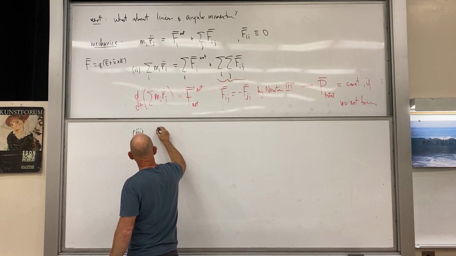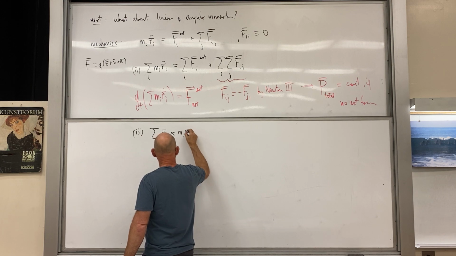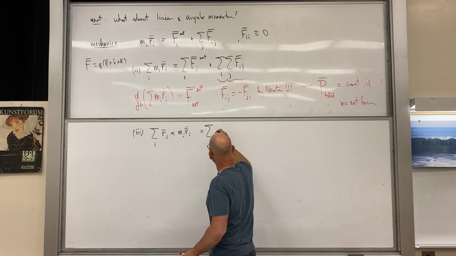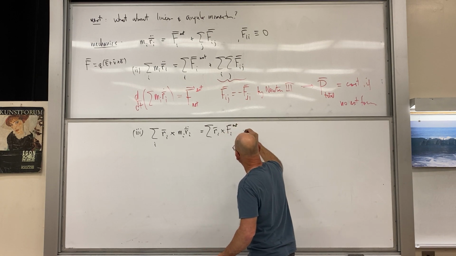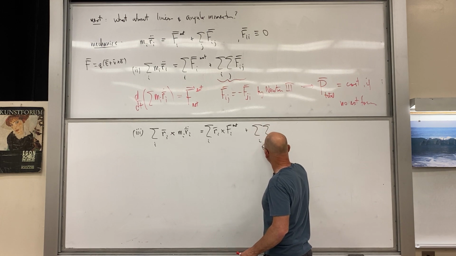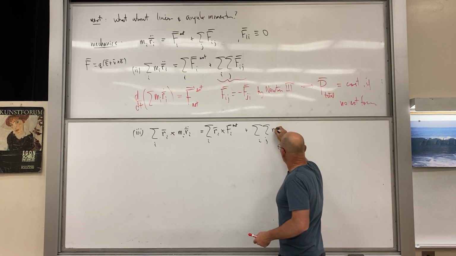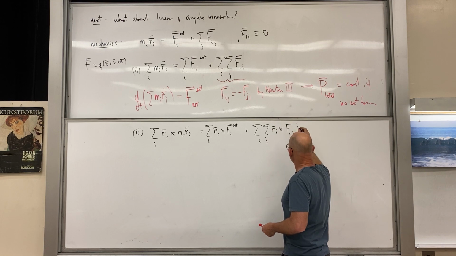So then we could also have the sum over r_i cross m_i r_i acceleration equals the sum over r_i cross F_i external, plus this double sum, same as before, over i and j, r_i cross F_ij.